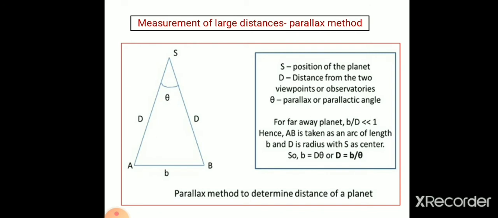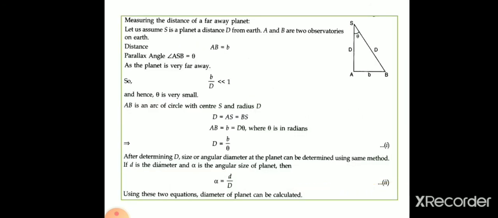This angle is marked as theta, which is known as the parallactic angle. So using this method, we are going to determine the distance of a planet from Earth.